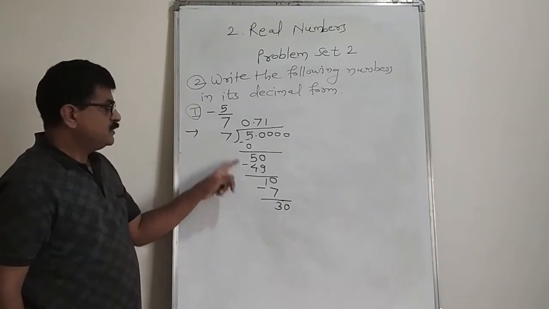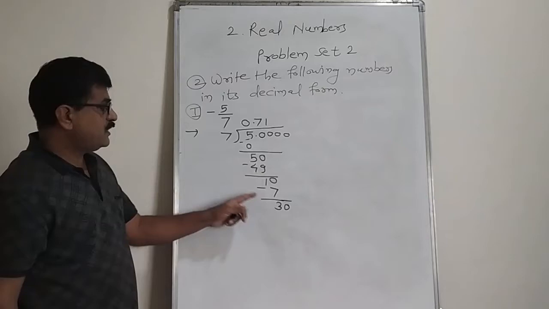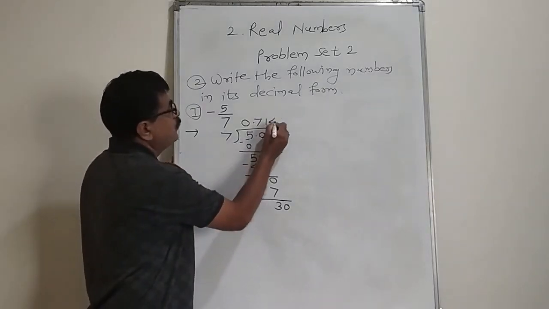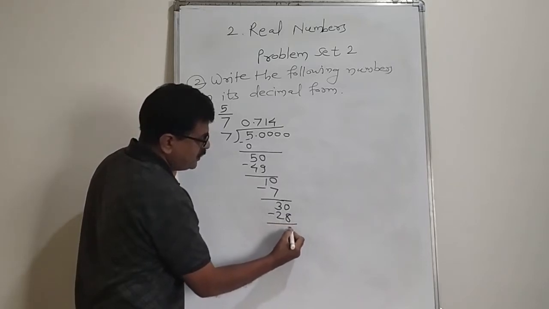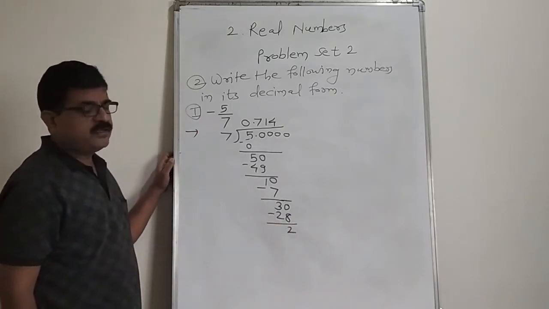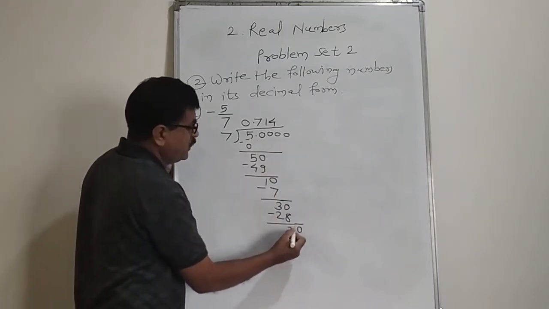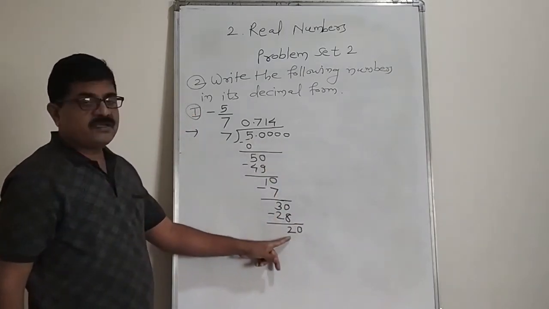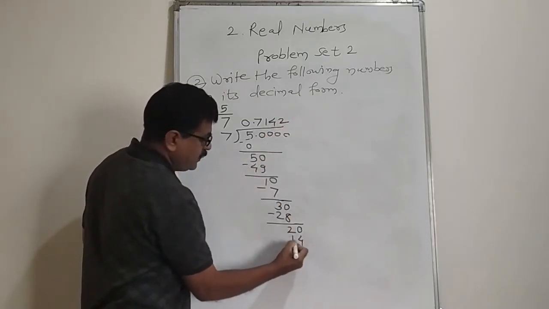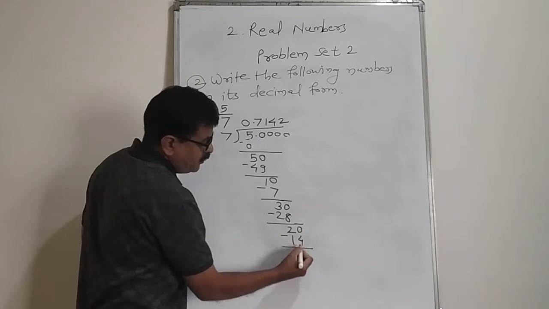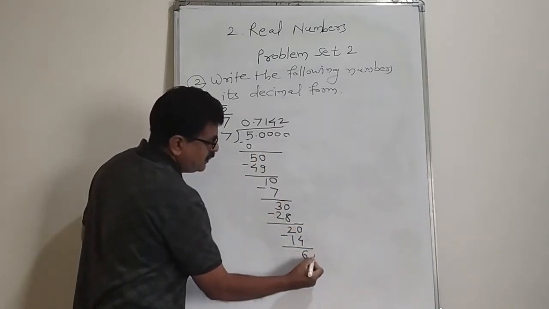30, dividing by 7, 4, 28, taking subtraction. 30 minus 28, 2, taking 0. Dividing by 7, 2, 14, 20 minus 14, 6, taking another 0.